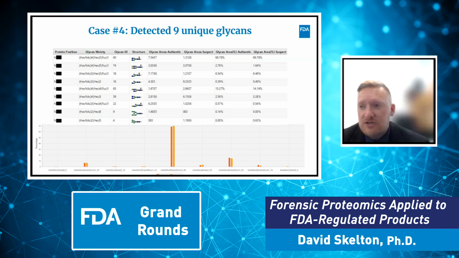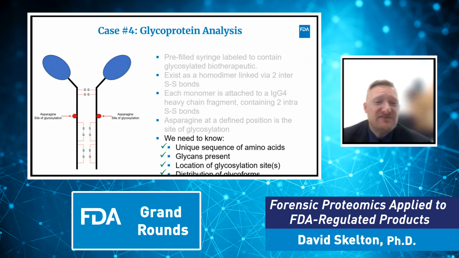The bottom graph shows a histogram where we compared our suspect sample with an authentic obtained directly from the drug manufacturer. And we see not only very good agreement between the structure of the glycans that we identified in our suspect and the authentic, but also their fractional percent abundance matches very well between the authentic and the suspect. So based on this information, we are able to confirm the presence of this biotherapeutic in the suspect sample.